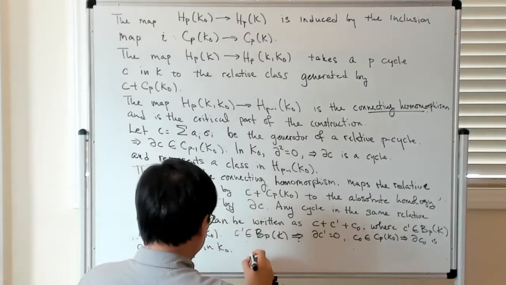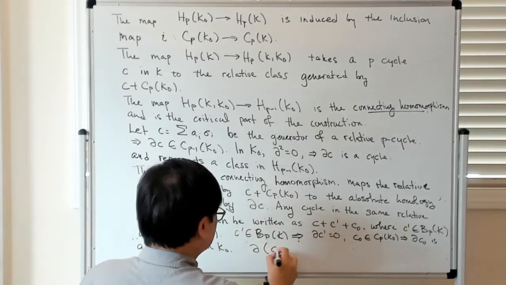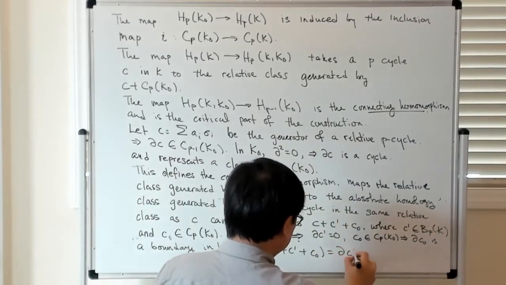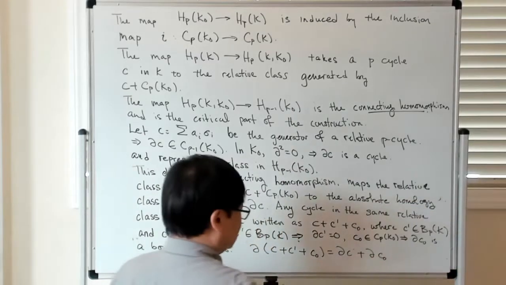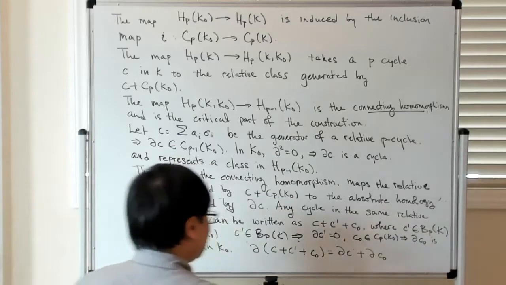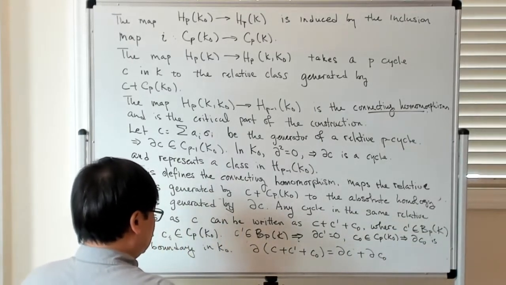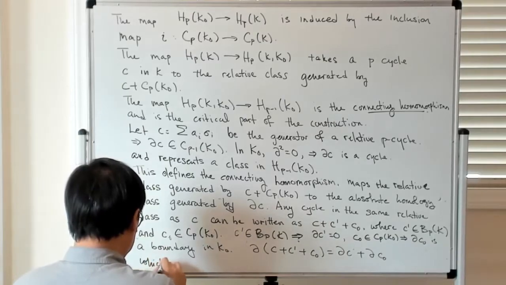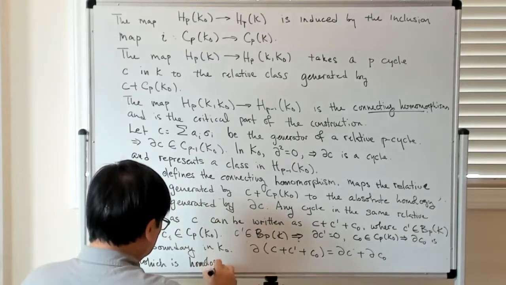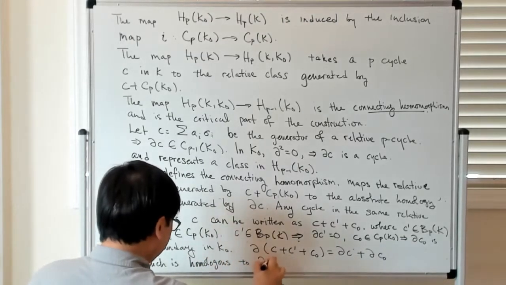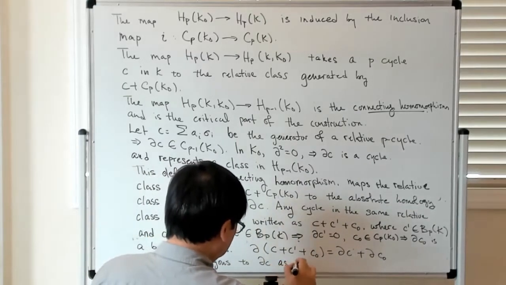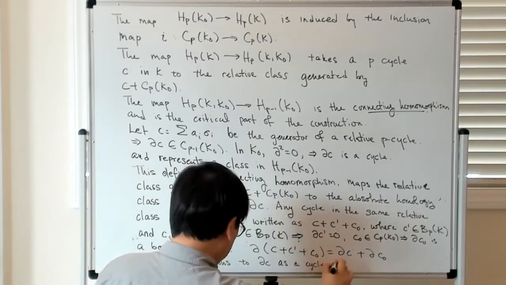So the point is that the boundary of C plus C prime plus C0 is equal to the boundary of C plus the boundary of C0, but the boundary of C0 is in the thing which you quotient by to construct this absolute homology group. So it is homologous to the boundary of C as a cycle in K0.